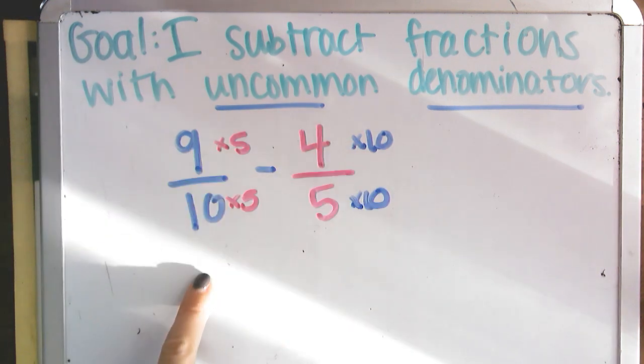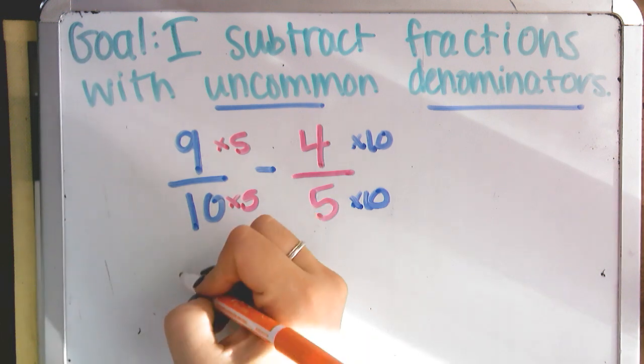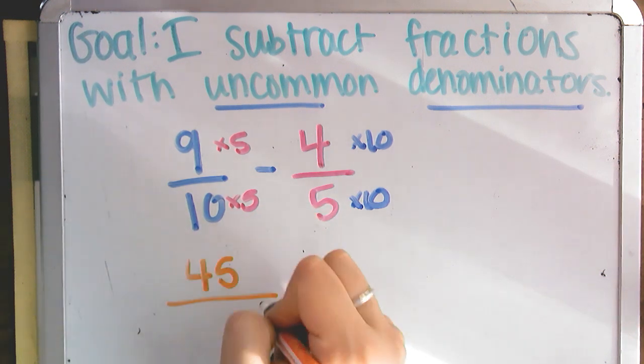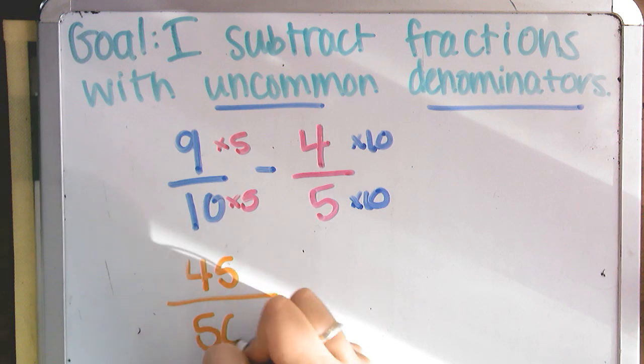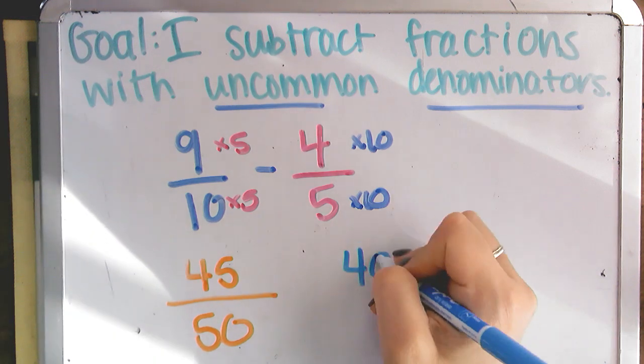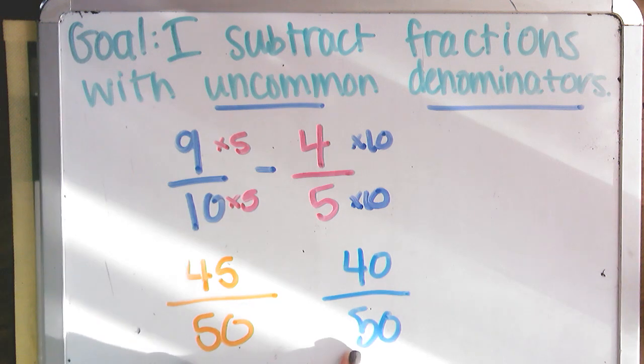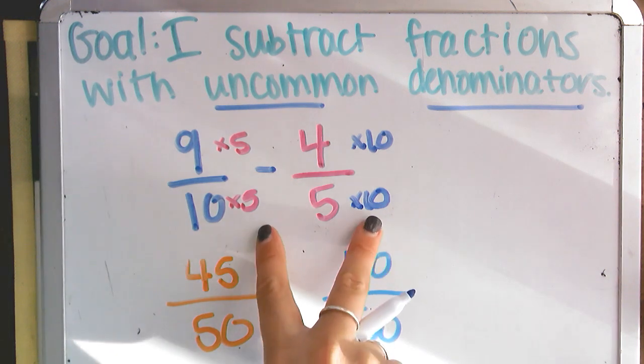So then I would convert them and multiply each one. So 9 times 5 is 45, and 10 times 5 is 50. Then over here, I have 4 times 10, which is 40, and 5 times 10, which is 50. So you'll notice I created that common denominator by doing that step.